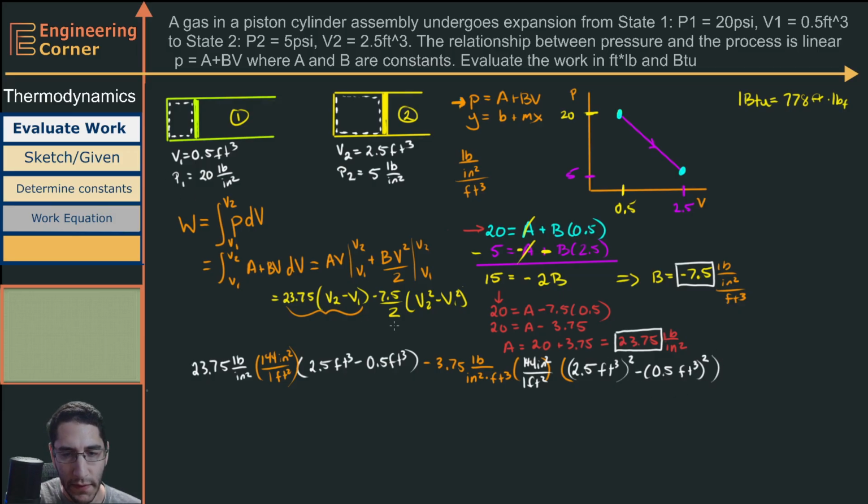So now let's go ahead and perform this calculation to figure out what my work is in foot-pounds. So we're going to have 23.75 times 144 times (2.5 minus 0.5).